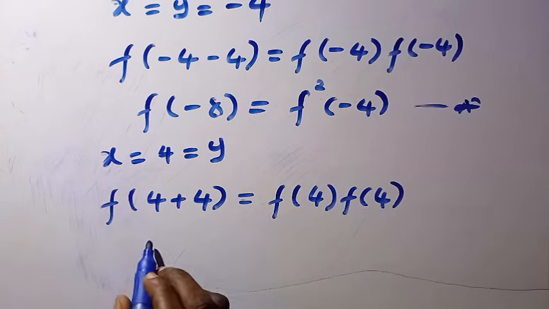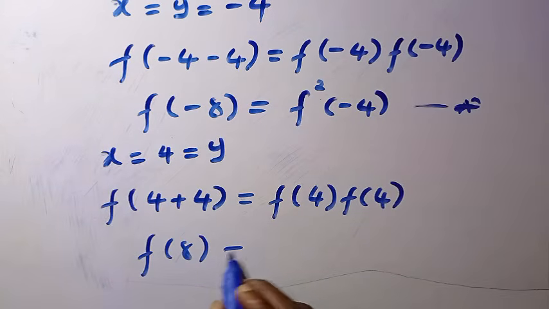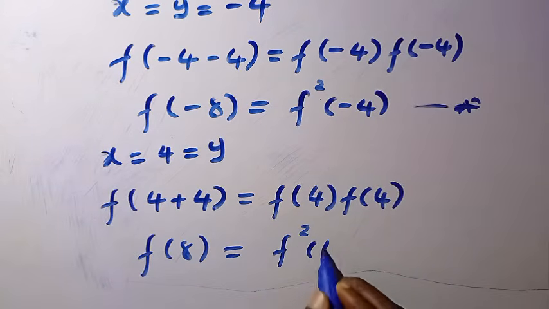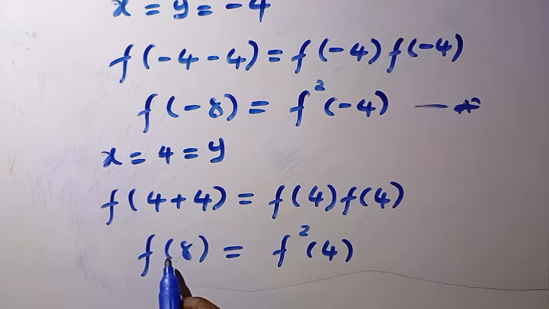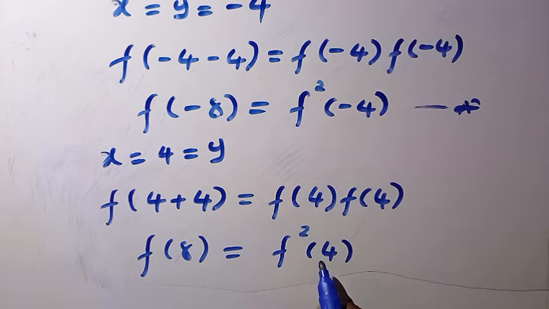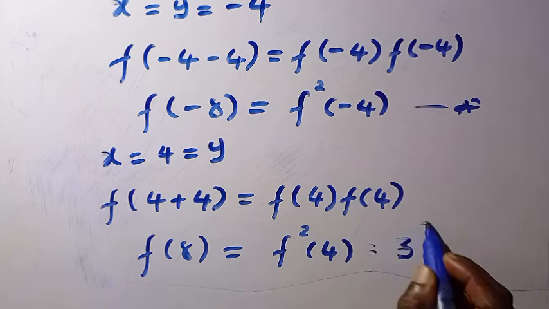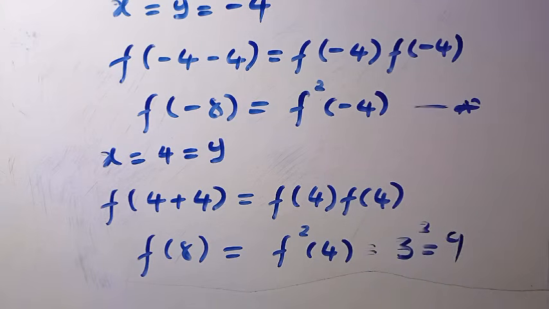Then 4 + 4 gives us 8, so f(8) = f²(4). Though what we need is f(-8), what was not given as f(-4), we now have as f(4). Since f(4) = 3, we have this as 3 squared, and 3 squared equals 9.